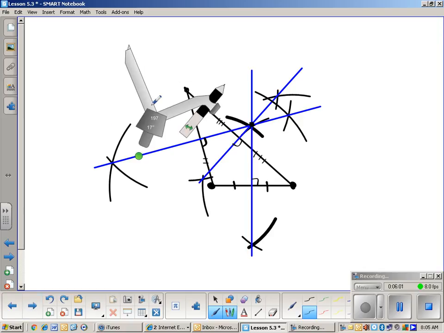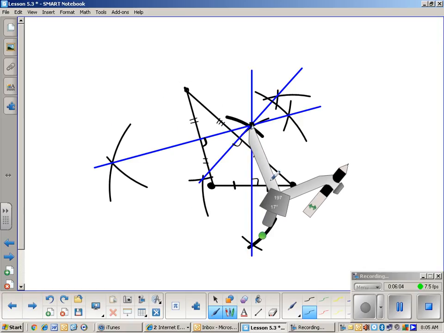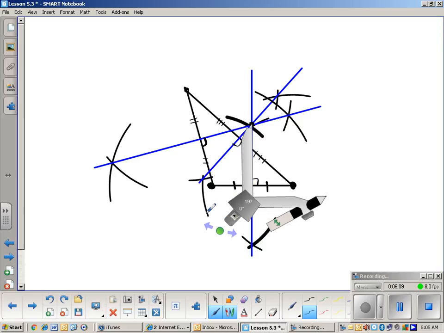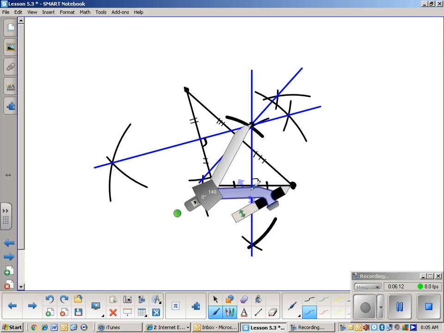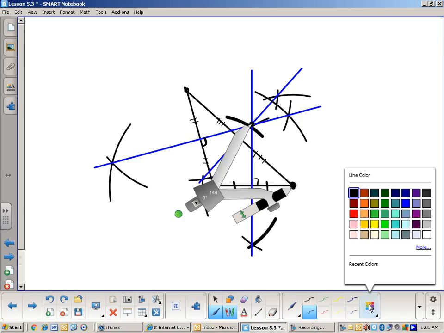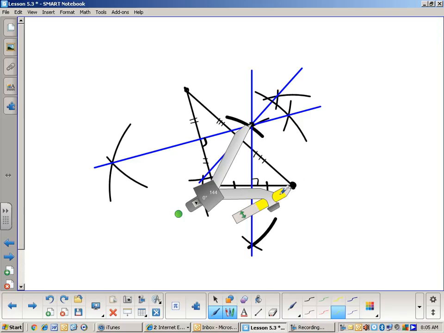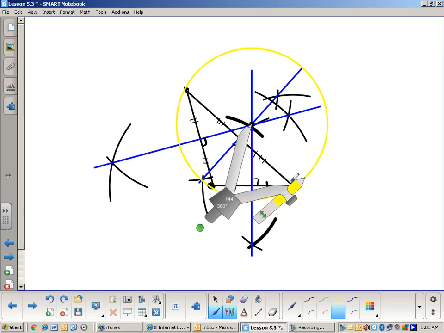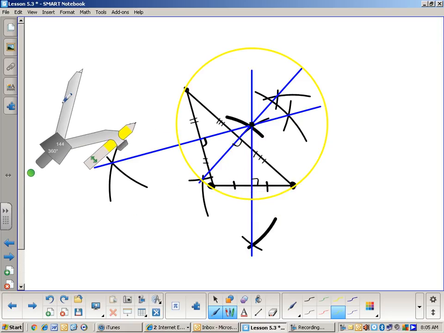What we're saying is, if I go from that circumcenter right there, so if I can get that in there just right, I go to here, and if I change color so you can see it a little better, looks like I didn't quite start on the point. I'm just a hair bigger, but notice all three vertices of that triangle are on the circle, aren't they?